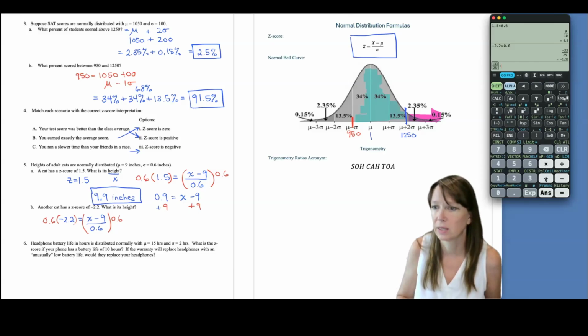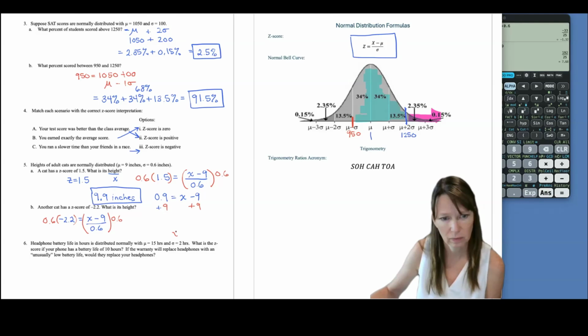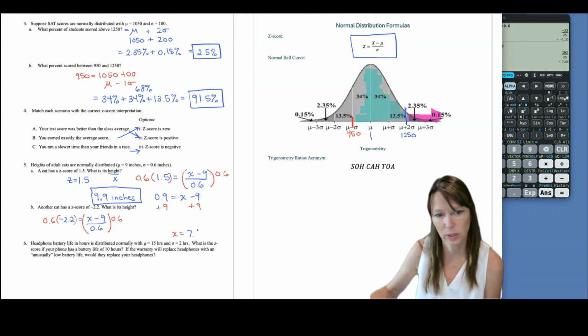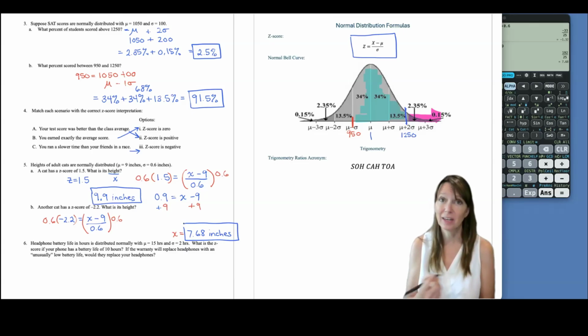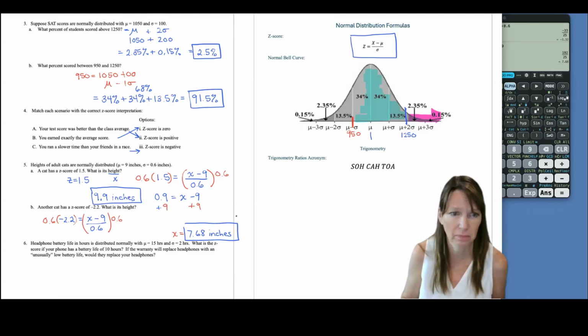And then I'm going to add over that 9, and we end up with x is equal to 7.68 inches. Again, noticing that that is less than the average of 9 because it was a negative z-score.